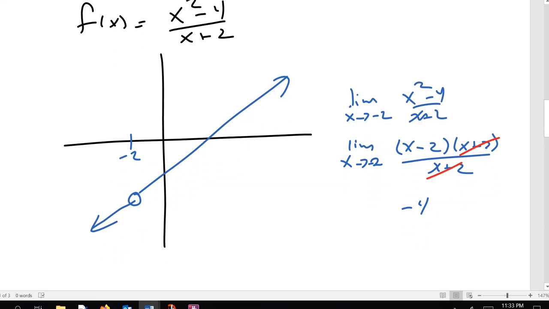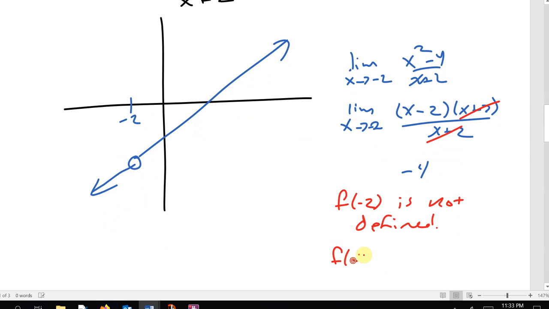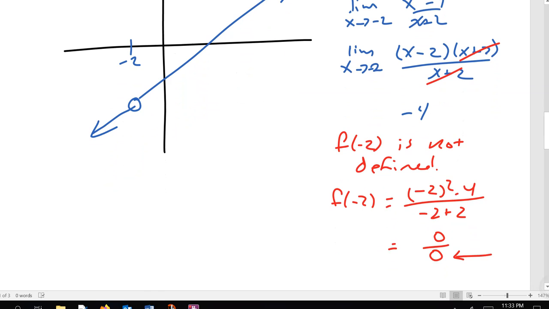However, f of x, or f of negative 2, is not defined. Okay? Because if we try to evaluate f of negative 2, we're going to wind up with negative 2 squared minus 4 over negative 2 plus 2, which means we're going to get 0 over 0.